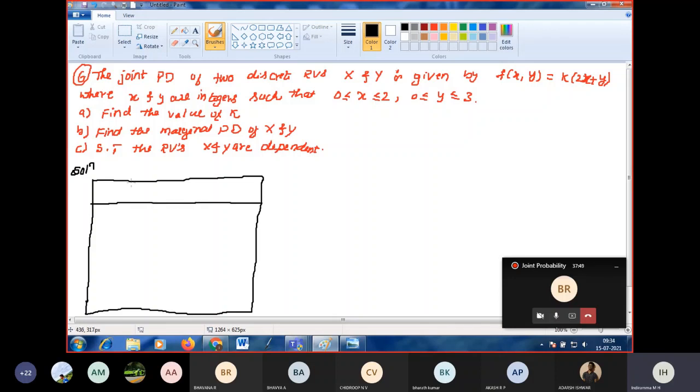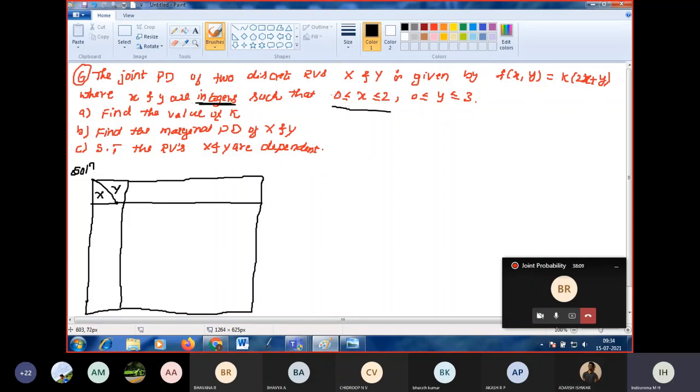What are the x values given? 0, 1, 2. From 0 to 2, but x is given as an integer, so we should take only integer values.